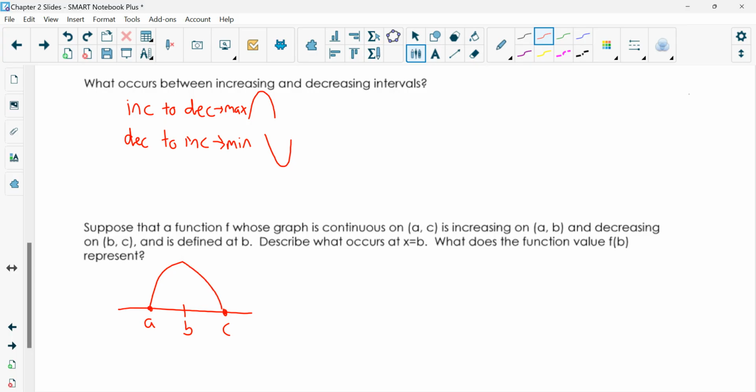So it's going to look something like that. So what's occurring when x equals b? The maximum. So we have a maximum at the ordered pair b, because b is our x value, and our output would be f of b then.